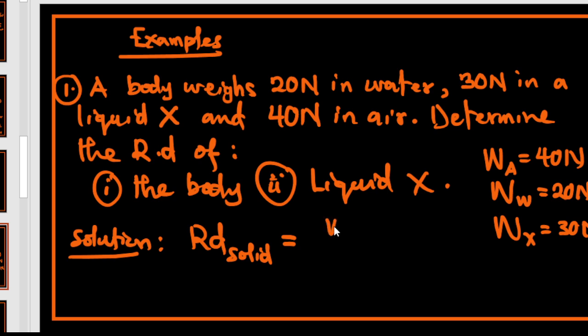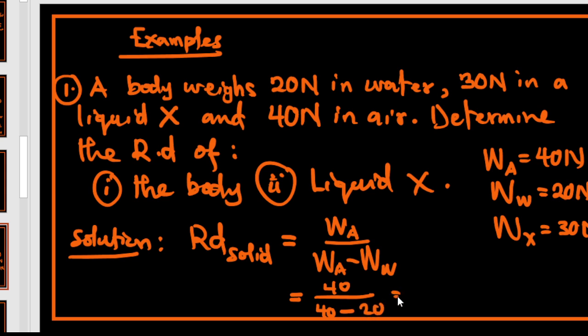So this is supposed to be weight in air over weight in air minus weight in water. So this becomes, what's weight in air? 40 divided by 40 minus weight in water is given as 20, so this gives us 40 over 20. This is going to be 2, so the relative density there is 2.